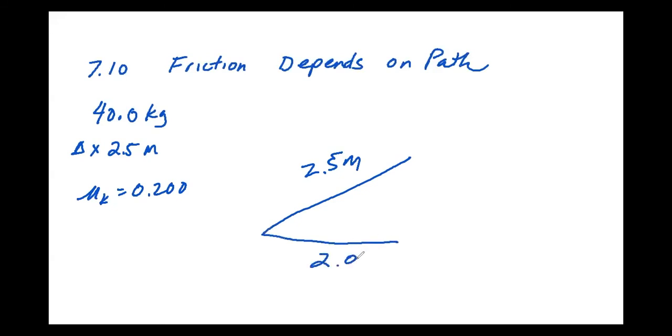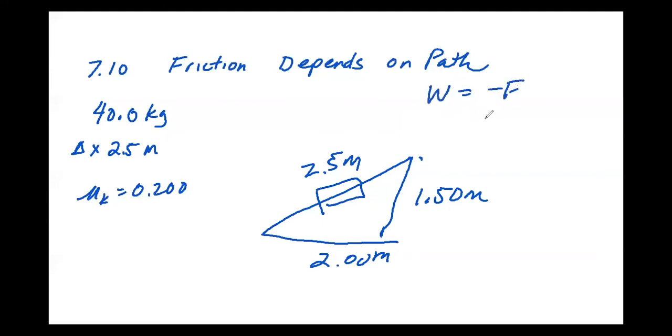So if you do all the algebra on this, you're going to come up with a spring constant equal to 1.06 times 10 to the 4th newtons per meter. It's a bunch of algebra, but I'm going to leave that to your pleasure.